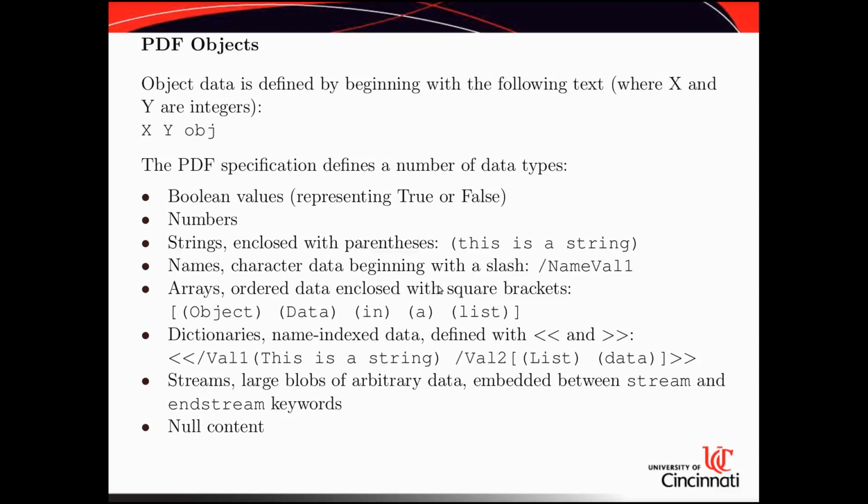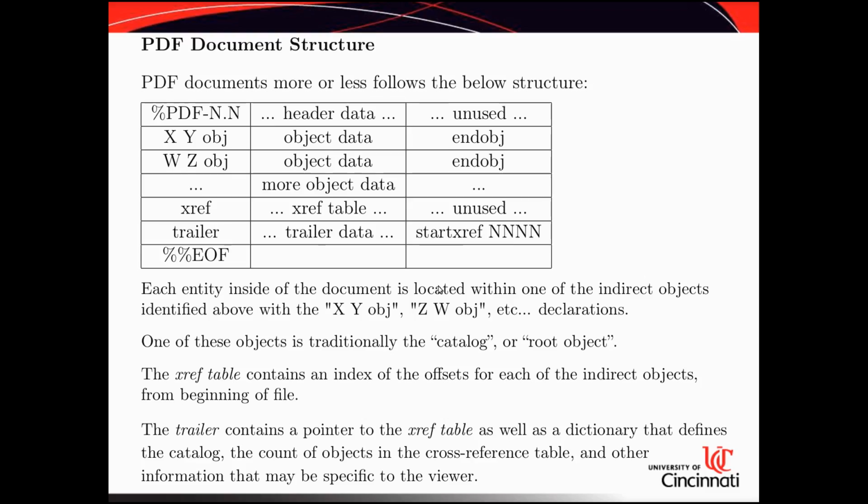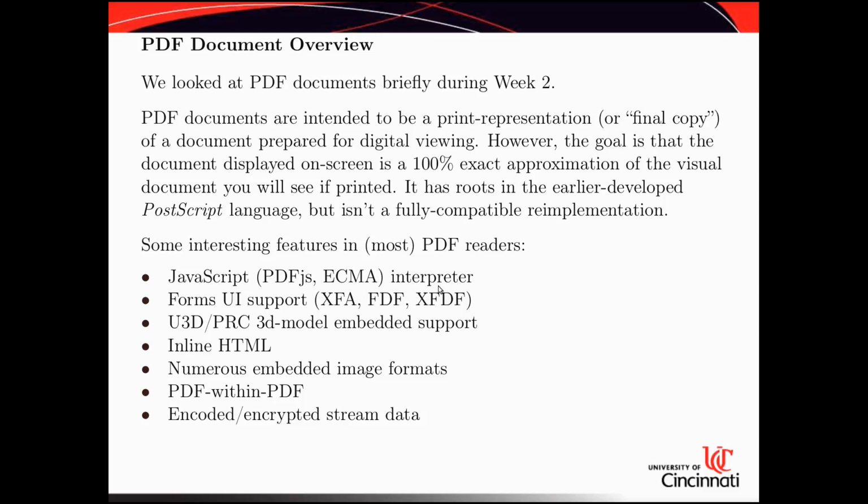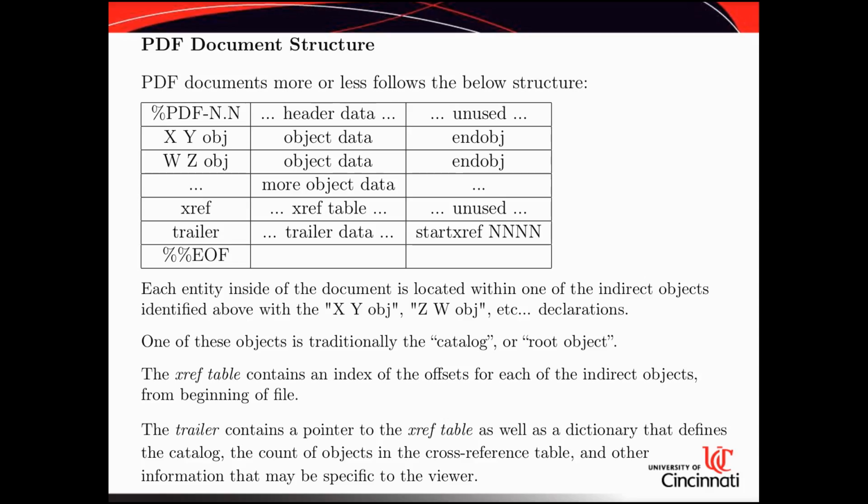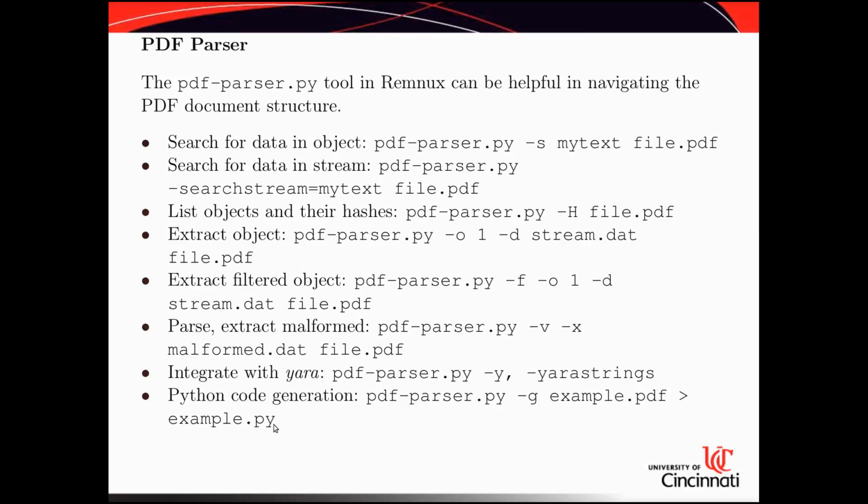Extract a filtered object. So remember, I'm going to jump up here. You remember that I had mentioned that you can have your stream data actually be encoded or encrypted. One of the neat things that I found with PDFs is that not only can you have it encoded, but there's maybe like 10 or so different encodings that you can encode the stream data for an object with.